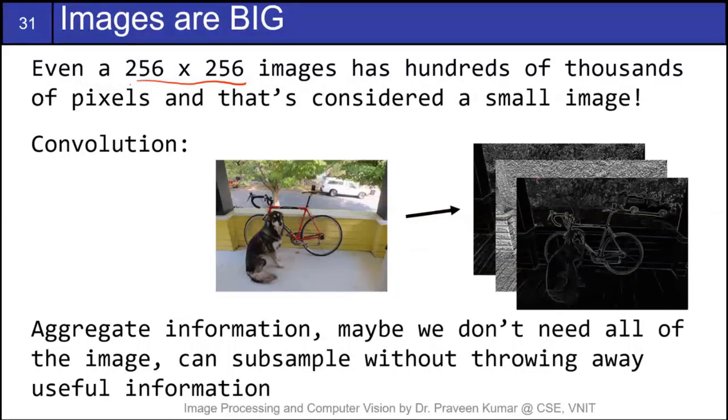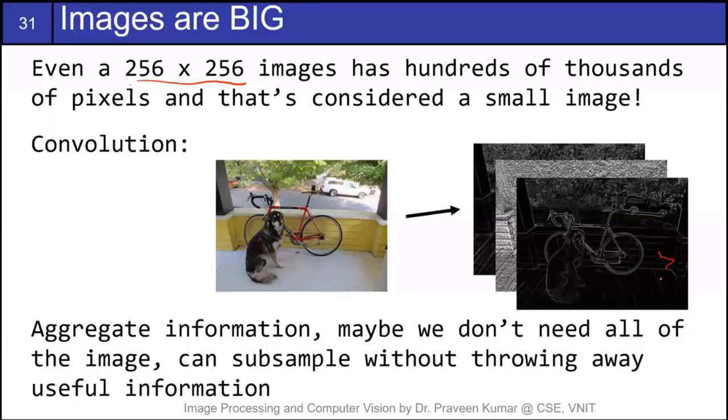We can see most of the pixels are black, there is no response, and only edges and other locations get a higher response. We are only interested in those locations which have a higher response, and the black or zero response pixels have no value for us. So after a convolution operation, there is no information in these low value pixels, and we can try to get rid of them in an effective way.